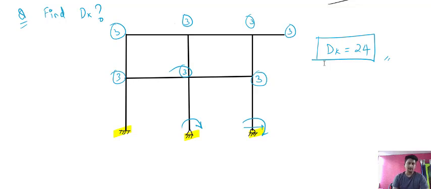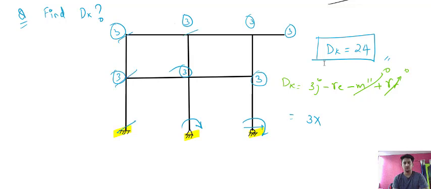If you are using the formula based concept, the value of dk will be 3 times j minus re minus m double dash plus rr. So here there are no axially rigid members and no internal reactions or release reactions. So the value of dk will depend on joints and external reactions. So 3 times j, joints are 1, 2, 3, 4, 5, 6, 7, 8, 9, 10.